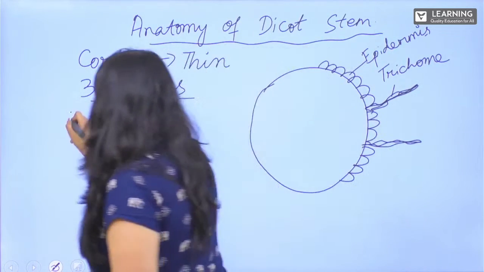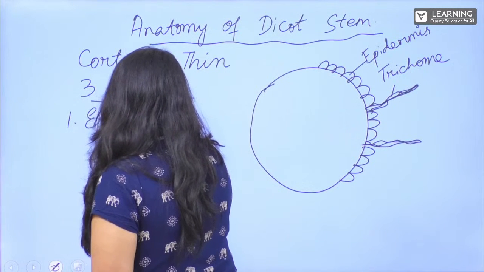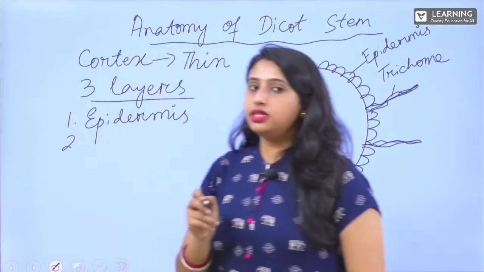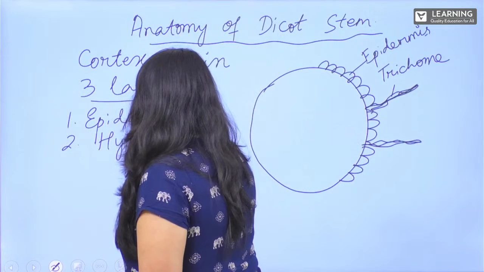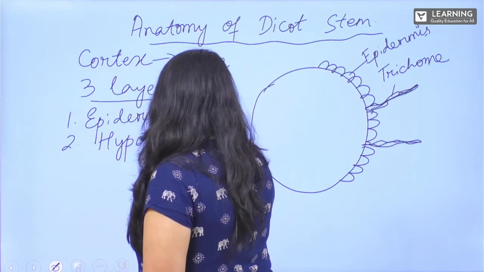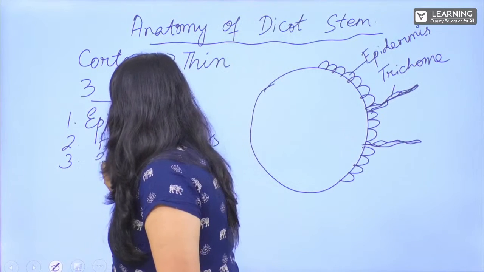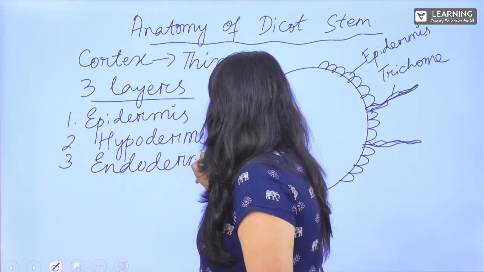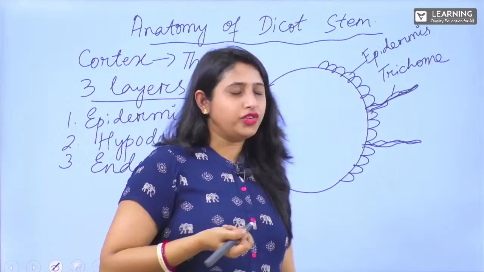The first layer is your epidermis. Second layer is your hypodermis. And the third layer is your endodermis. Alright, so the cortex is thin, so it is made up of 3 layers.